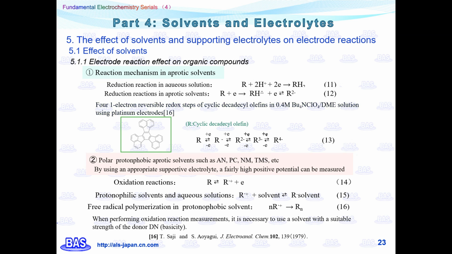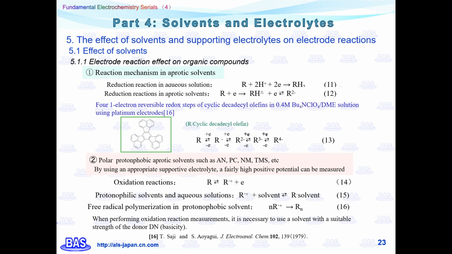Aoyagui et al. used a platinum electrode in a DME solution of 0.4 molar tetrabutylammonium perchlorate to realize 4 one-electron reversible redox steps of the cyclodecanoate molecule, and a relatively stable active anion equivalent to R4- was obtained in DME.